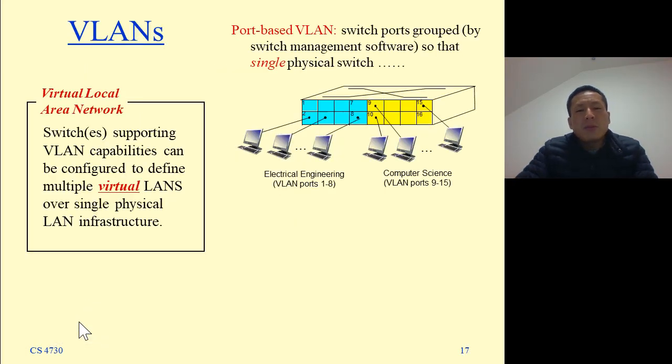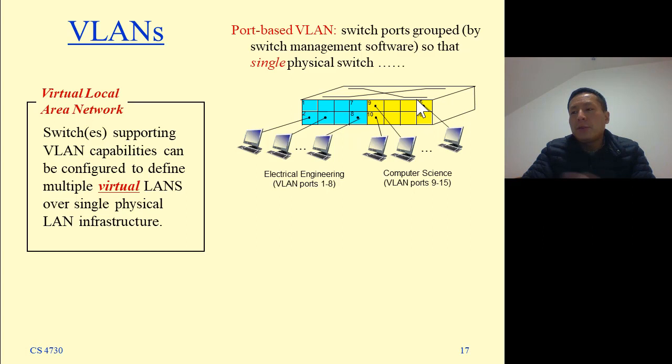So how does the VLAN work? Basically, the idea of the virtual local area network is that you can divide the switch's ports and group them into different virtual categories, and define multiple virtual LANs on a single physical LAN infrastructure. Essentially, you buy one single device, but you do not have to use it as one single LAN.